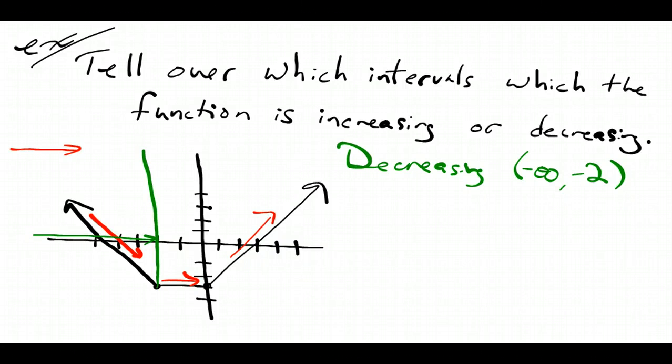Then I have from there up to 0. From here to here, it is constant. It doesn't change at all. So I'm going to say this is constant from -2 to 0. That's not the point (-2, 0). That is from -2 to 0, just on the x-axis.